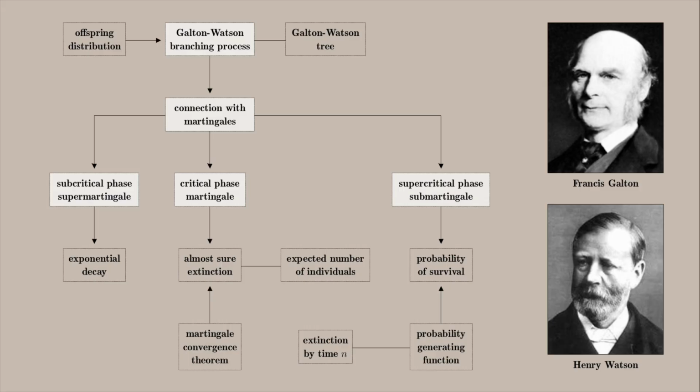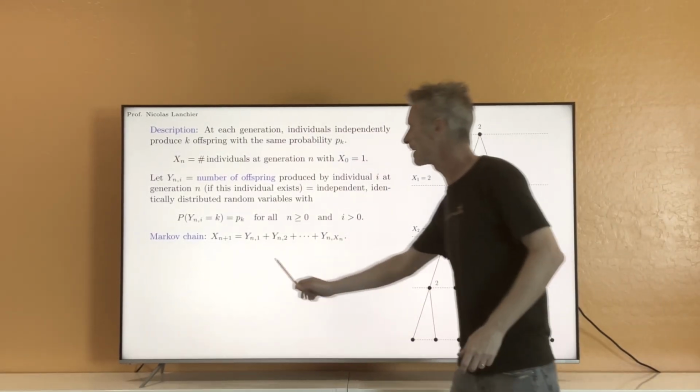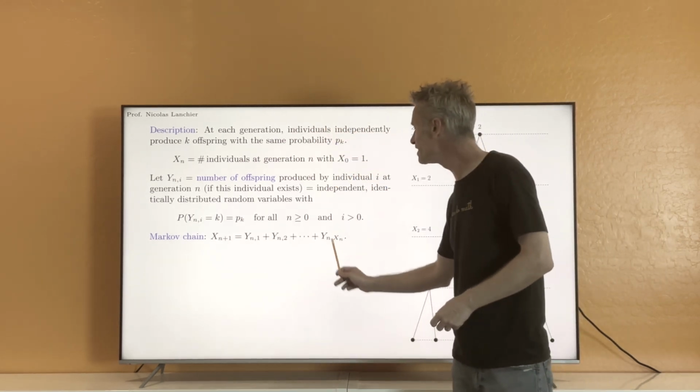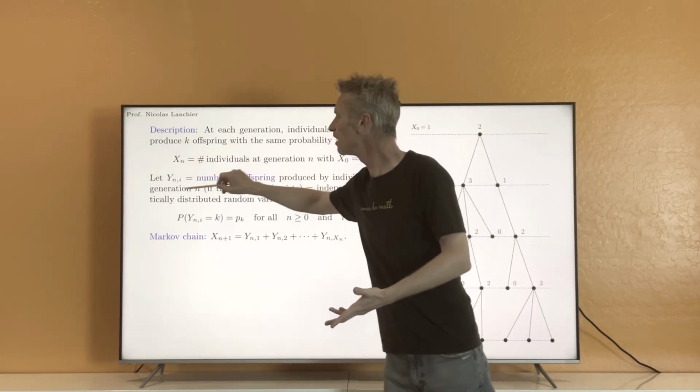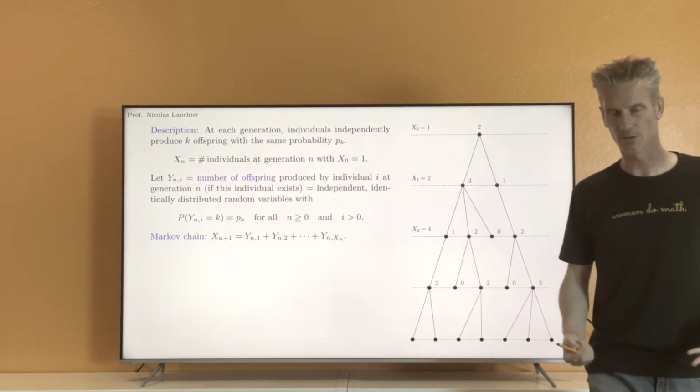Now let's look at how Galton-Watson branching processes are connected to martingales, and this connection is going to motivate the distinction among subcritical, critical, and supercritical phases. Alright, so here I'm back to the previous slide. We were able to express X_{n+1} using only X_n and those independent, identically distributed random variables in the background.